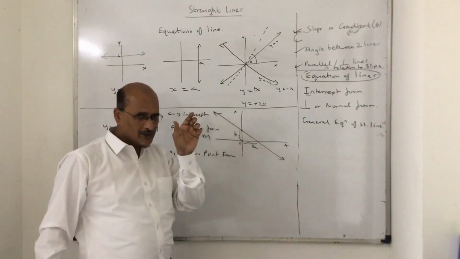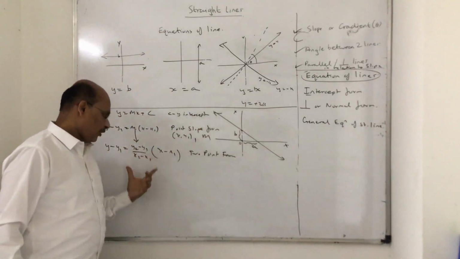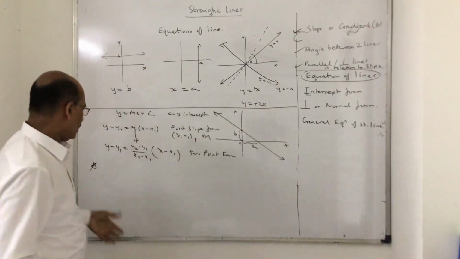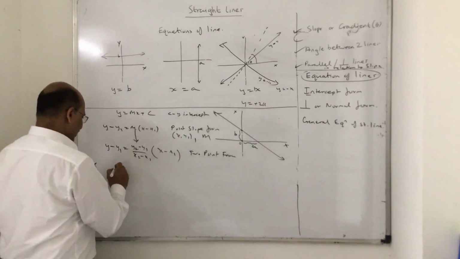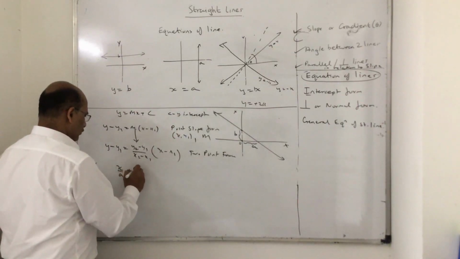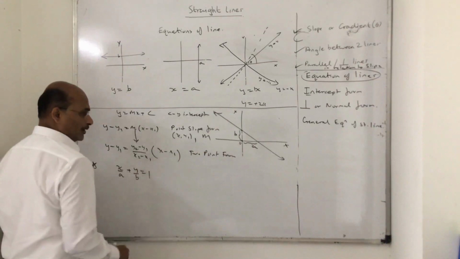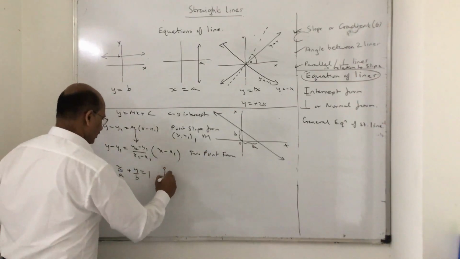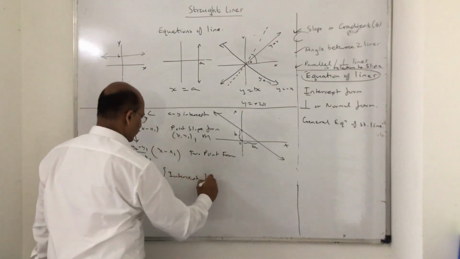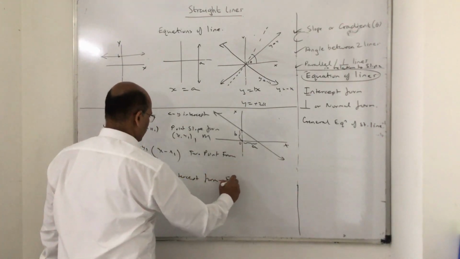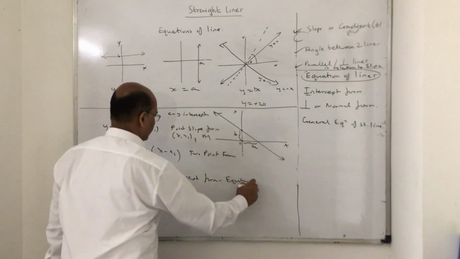So if you have coordinates of that type, either use this formula or the intercepts directly, and you get the answer. What is the intercept form of the equation of a line? That is nothing but x upon a plus y upon b is equal to 1. This is nothing but the intercept form of the equation of a line.